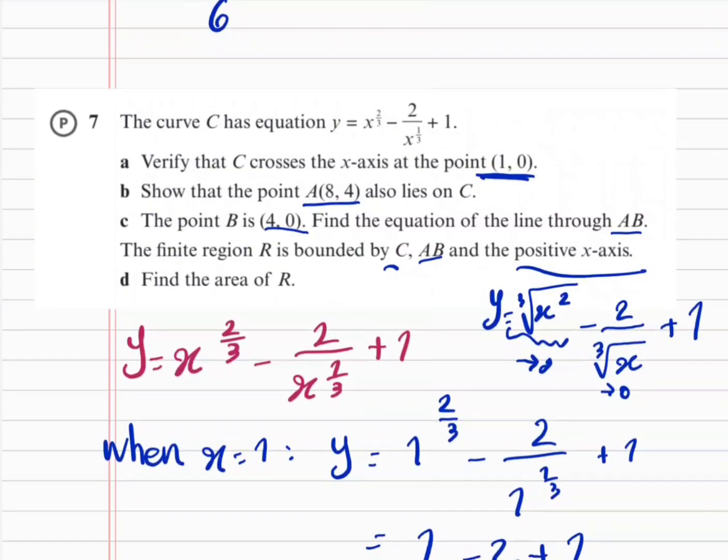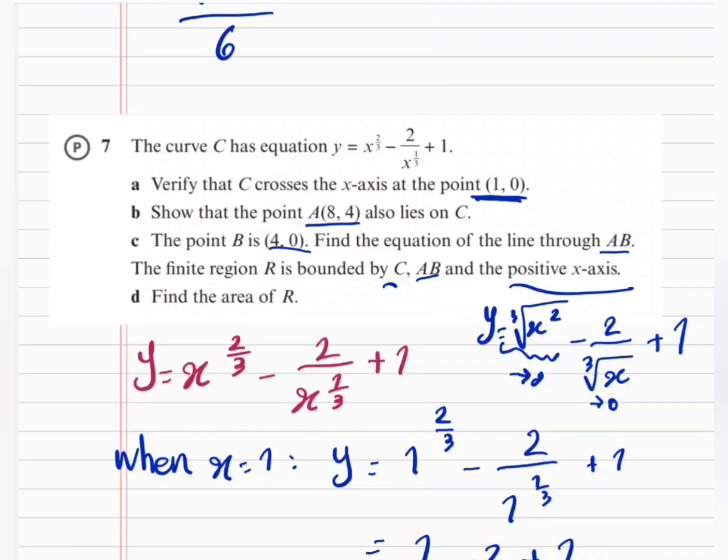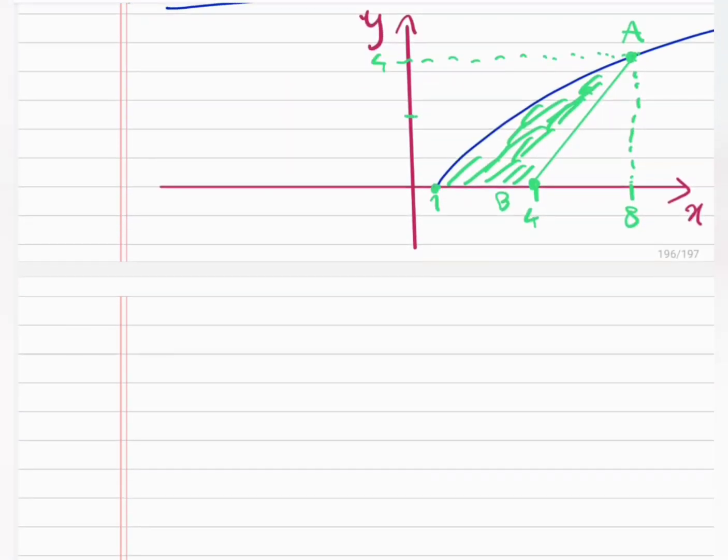In part D, we want to find the area of R. Okay, so to find the area of R, we just need to realize that the area under the curve from 1 to 8 is going to give us the total area, between the curve, this sort of dotted line, and also the x-axis.